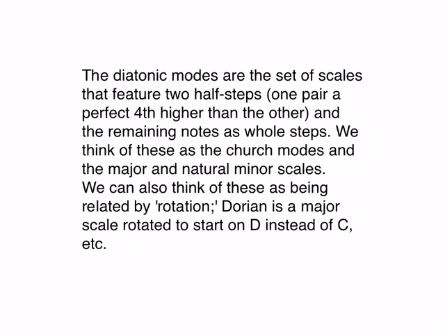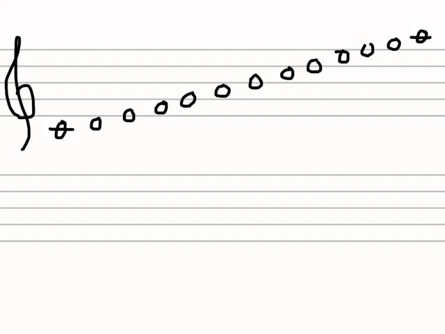In other words, Dorian is the major scale rotated to start on D instead of C, like this. So here is the C major scale from there to there.